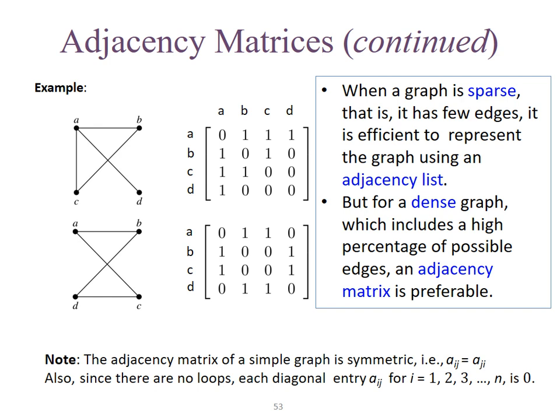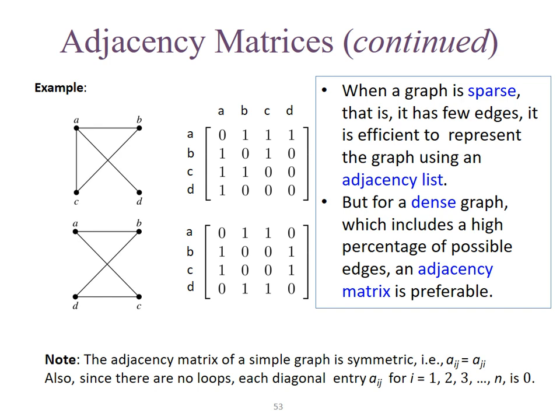Okay, next you can see when we have a sparse or dense matrix. For example, we call this a sparse matrix. That means we have a lot of zeros in this matrix. If we have a lot of zeros, that means we have only a few edges in this graph.